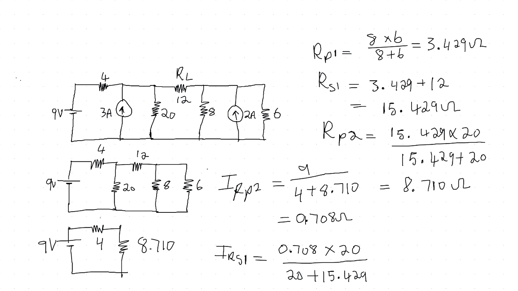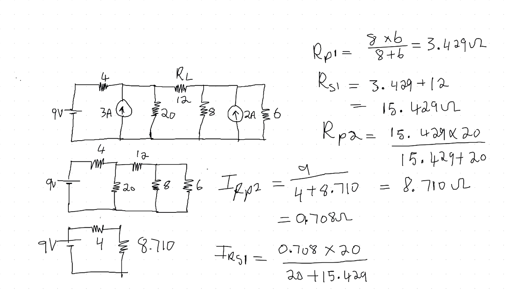Since I wrote RS1, it tells me it is series resistance 1. RP1 means parallel resistance 1. So series resistance 1 tells me the resistors are connected in series. So if I get the current of the total RS1, that means I got the current of the combination of the resistors that form RS1.